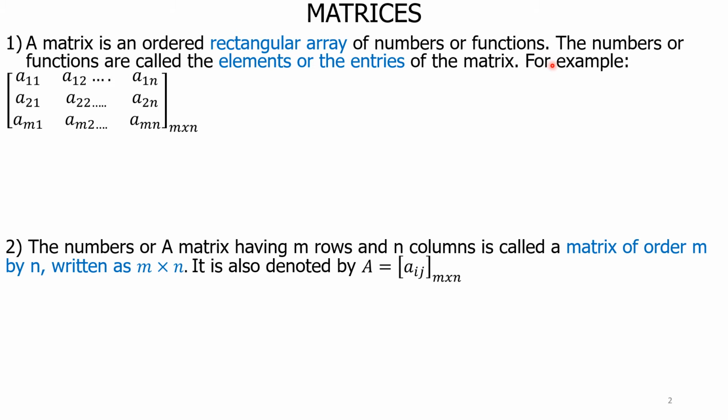Let us take an example. Please see, within a square bracket, numbers are written. A11, A12, A1n. This is the first row, that is, the horizontal arrangement is the first row.